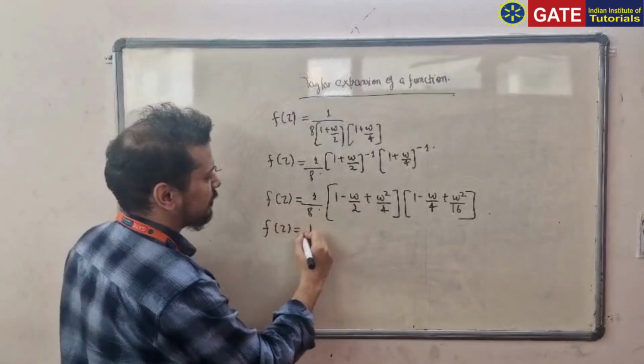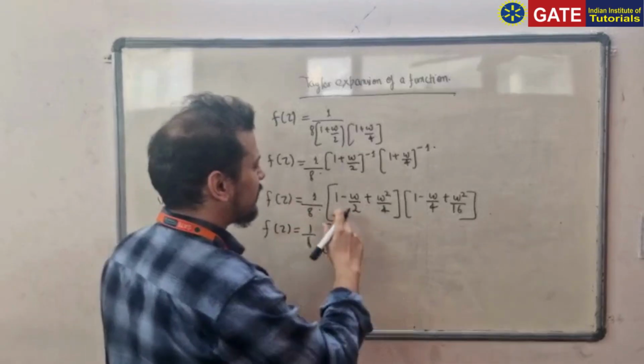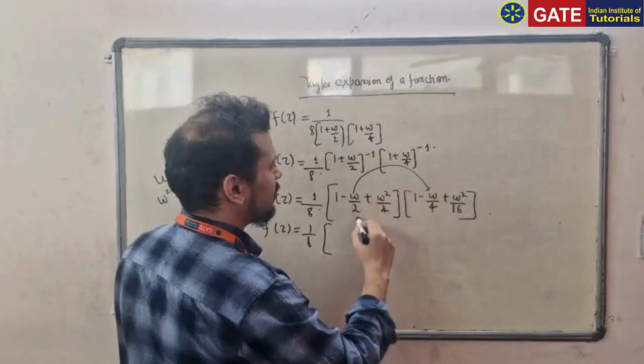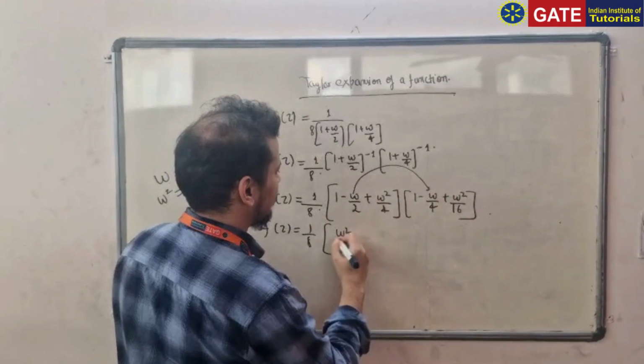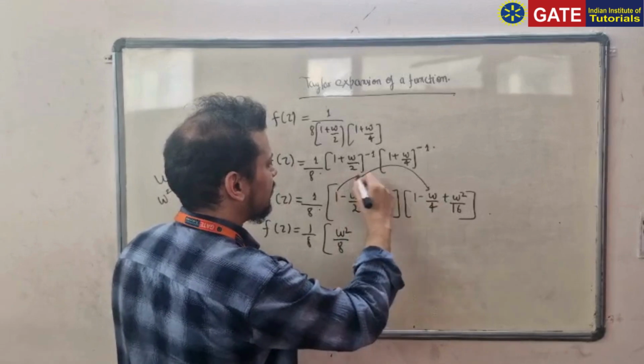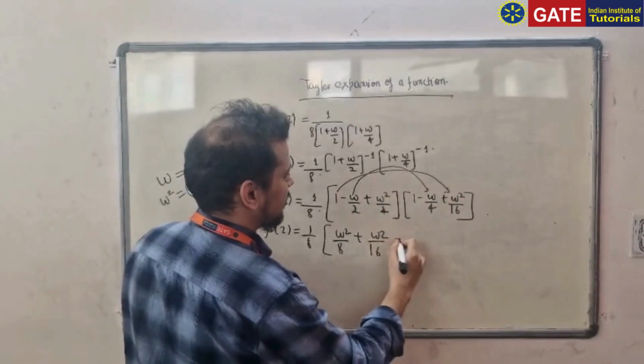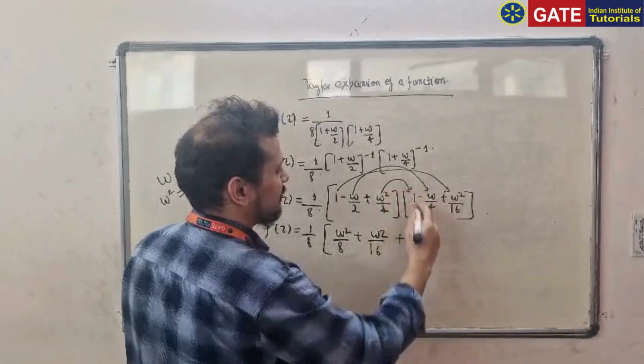So f of z is equal to 1 by 8. The first w square term will be coming from w by 2 into w by 4, so it will be w square by 8. The second w square term will be coming from here, plus w square by 16. And the third w square term will be coming from here, w square by 4.